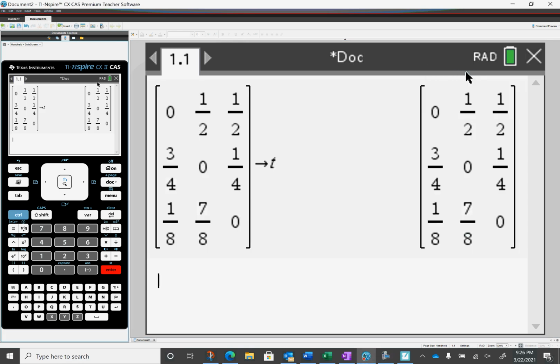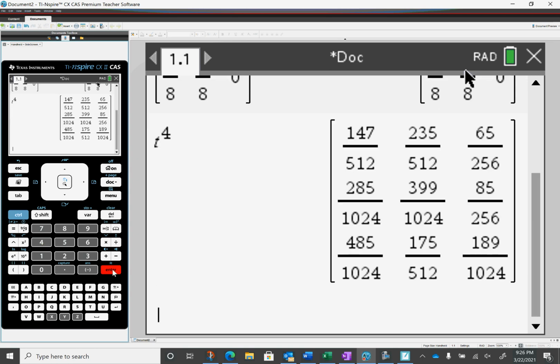Okay, so if they're asking, we took a quiz, which is the first row there, on Monday. The probability of another quiz 4 days later, we're simply going to take matrix T and raise it to the 4th power. Oh my goodness. We're looking for this very first element.